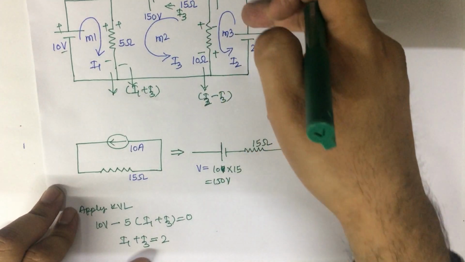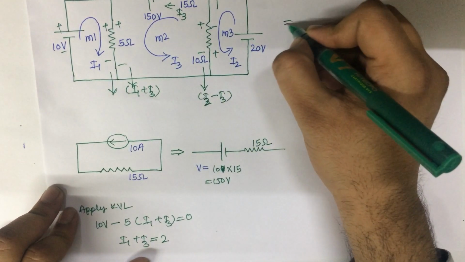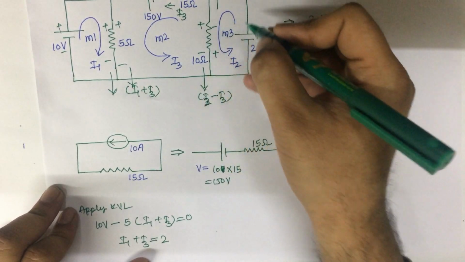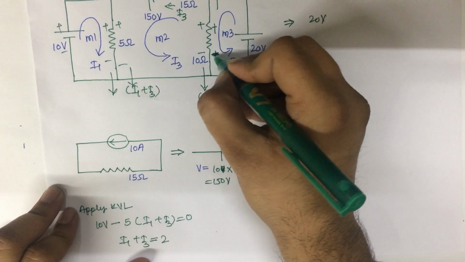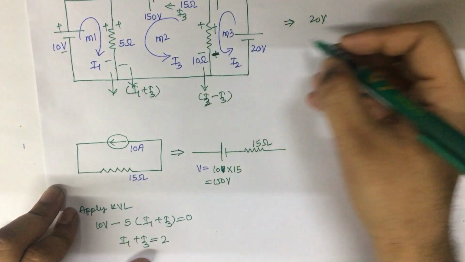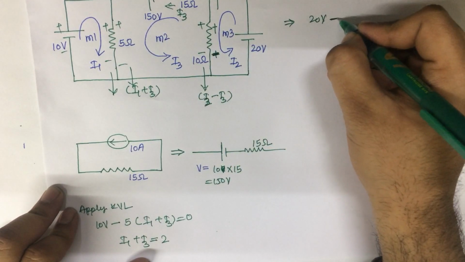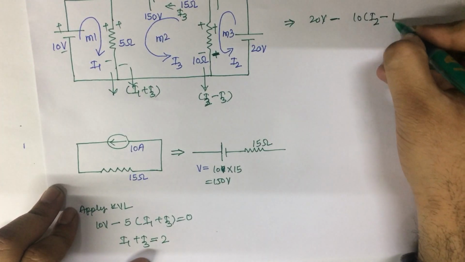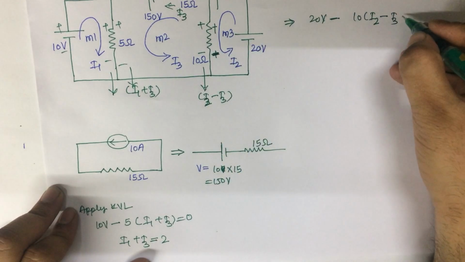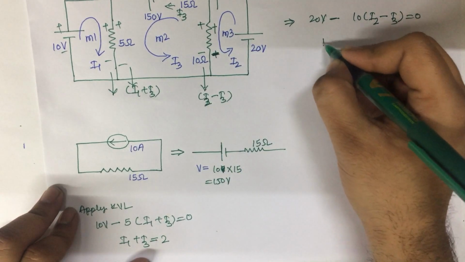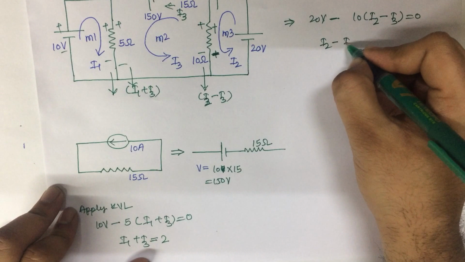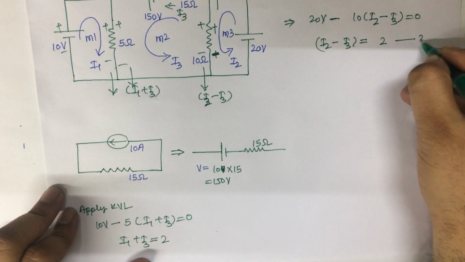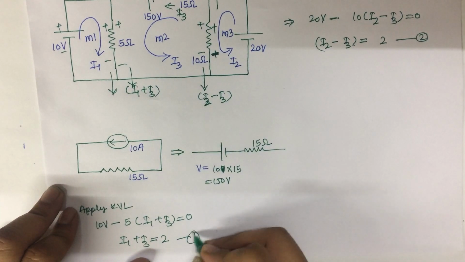Similarly, from here we can solve: 20 volt minus 10 into (I2 minus I3) is equal to 0, and it is I2 minus I3 is equal to 2. This is equation number 2, this is equation number 1.